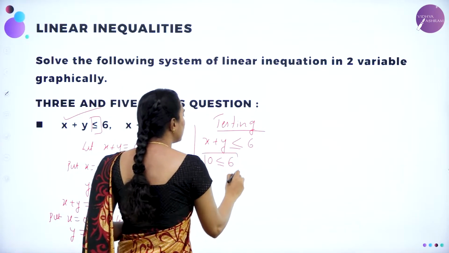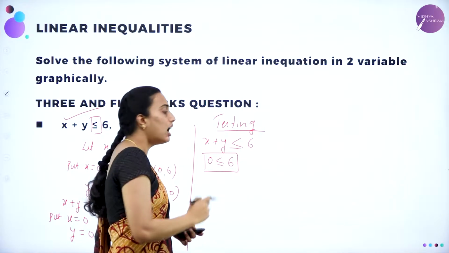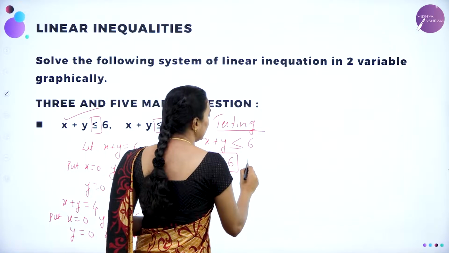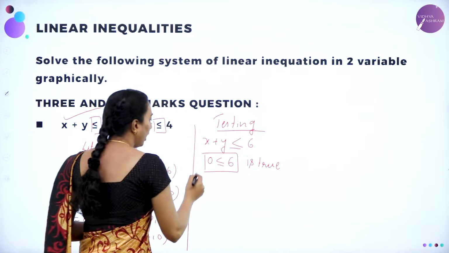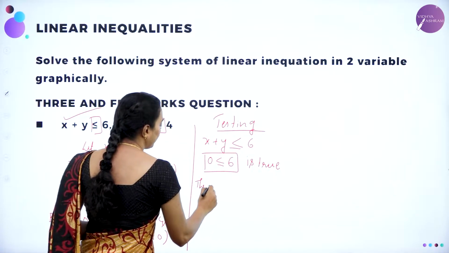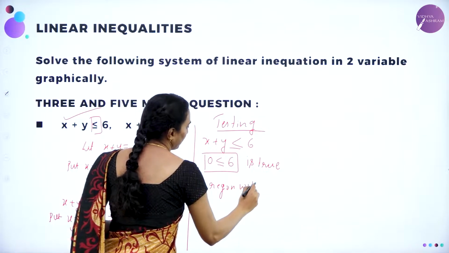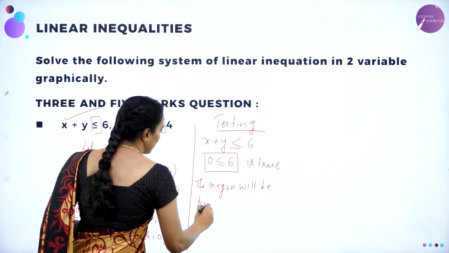If one condition is true, when the slack inequality is given, you are going to consider the true condition and reject the other. So here 0 is lesser than 6 is a true condition. Therefore, the region will be towards the origin.